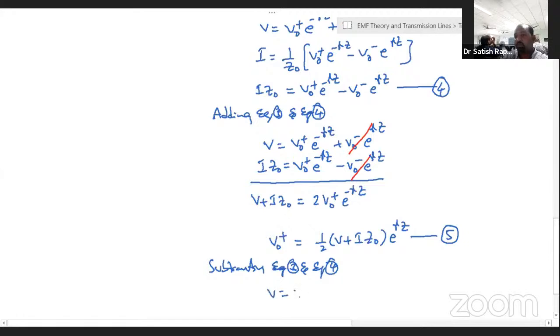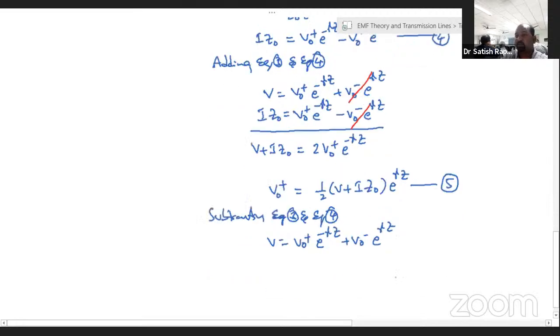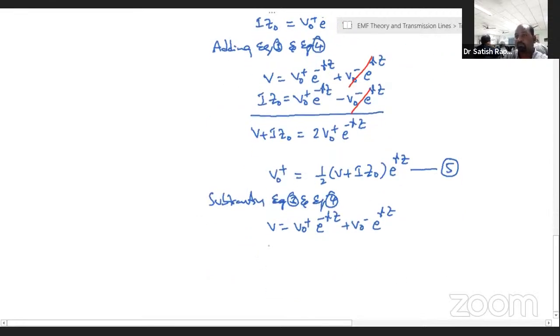V is equal to V naught plus e power minus gamma z plus V naught minus e power gamma z, and I Z naught is equal to V naught plus e power minus gamma z minus V naught minus e power gamma z.